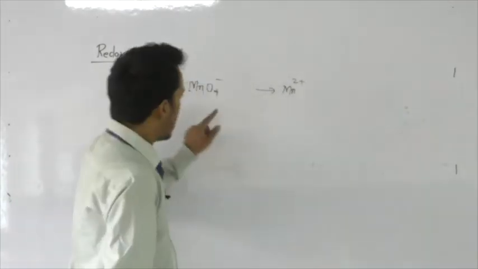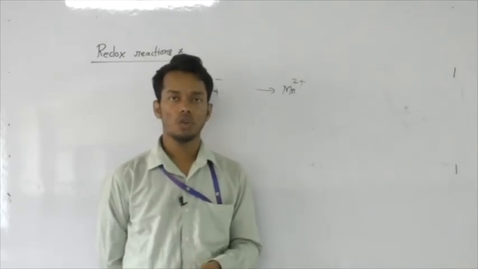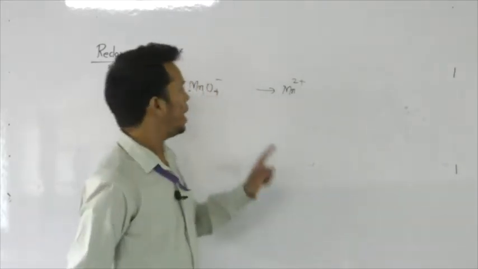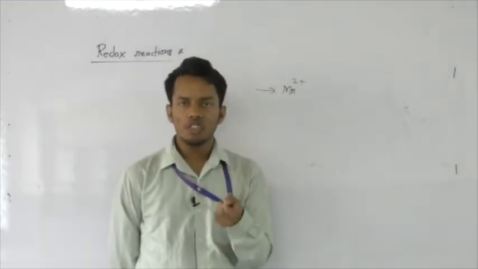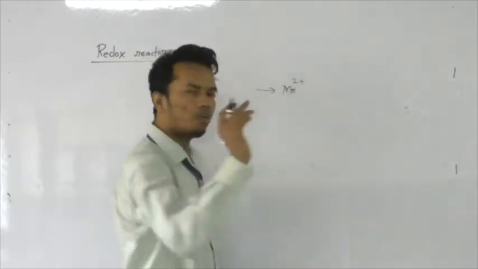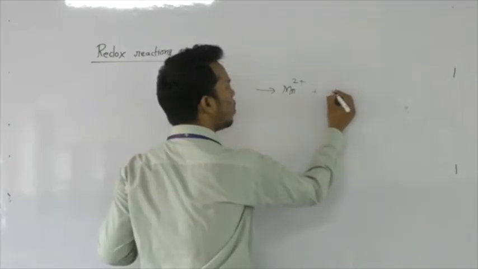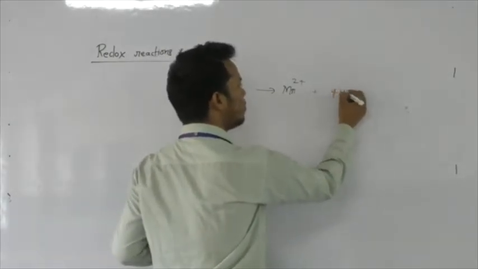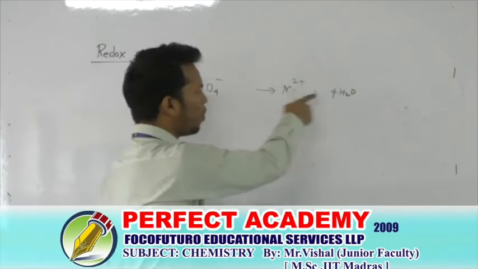After that you have to balance the number of oxygen atoms. Here 4 oxygen, here there is no oxygen. To balance oxygen we have to add water molecule, because in water molecule also there is oxygen. So 4 oxygen means 4 water molecules.